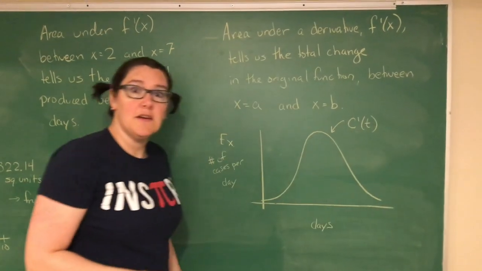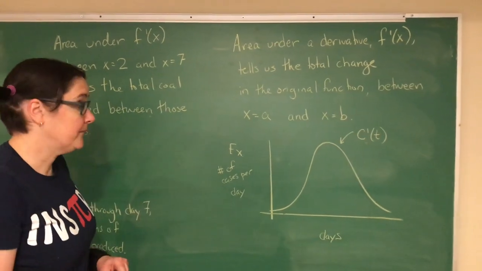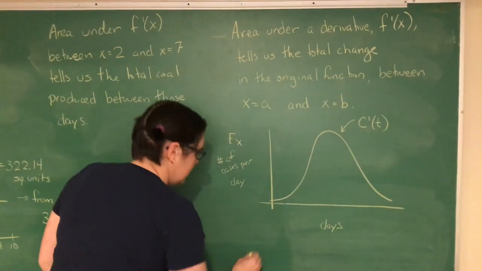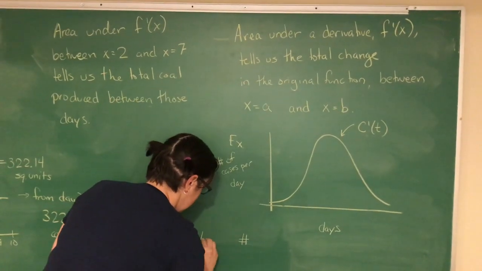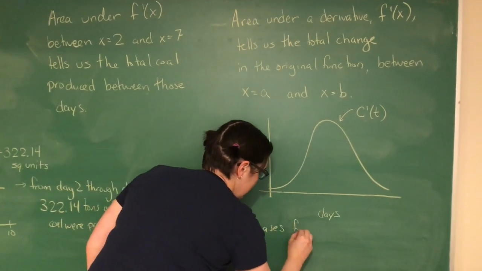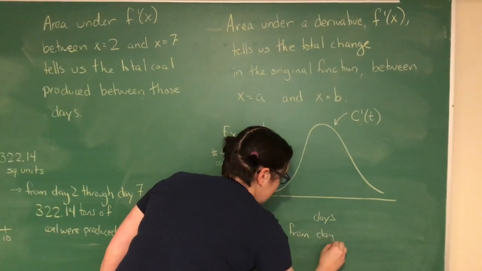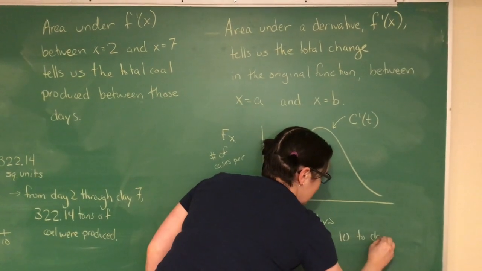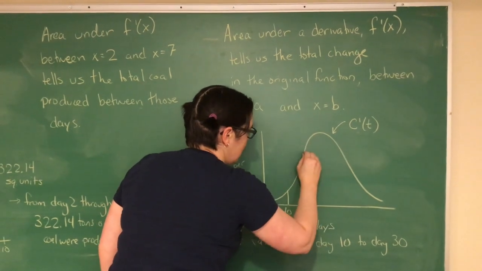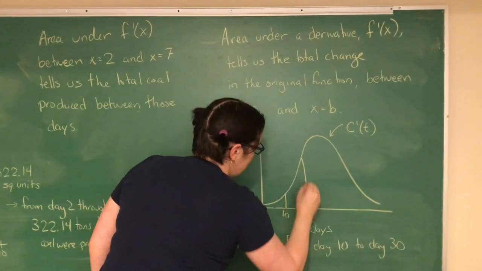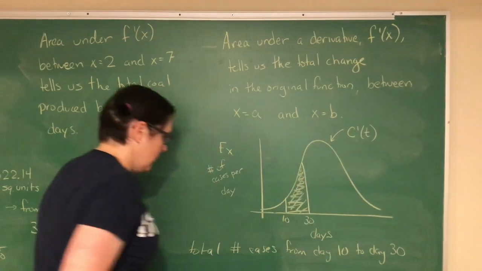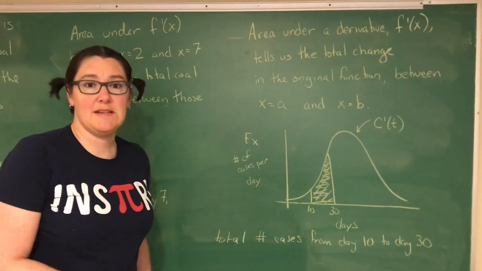How is the number of cases changing? Okay. And so when we say we want to look at the total number of cases from day 10 to day 30, I would start at day 10, I'd end at day 30, and the area of this shaded region would be the total number of cases from day 10 to day 30.